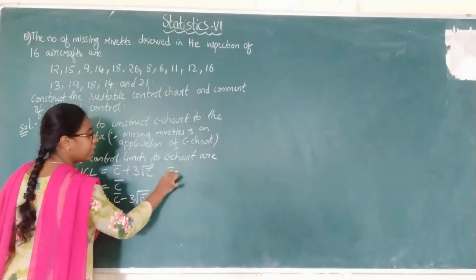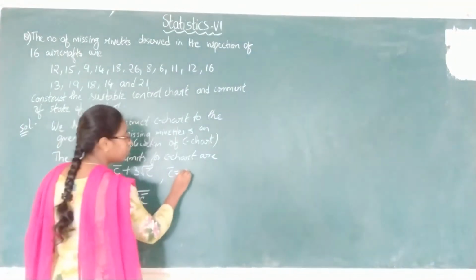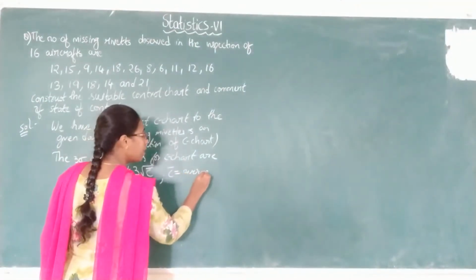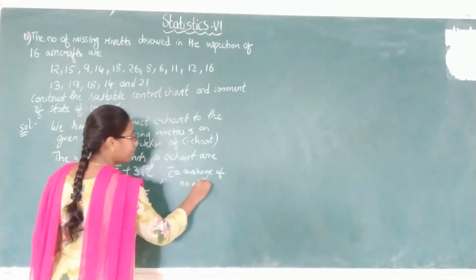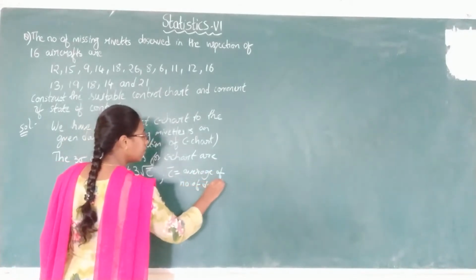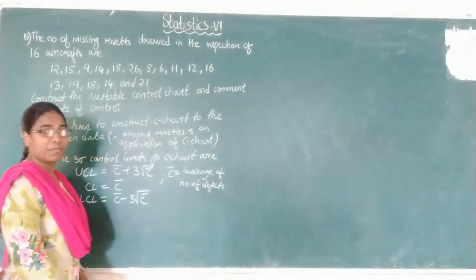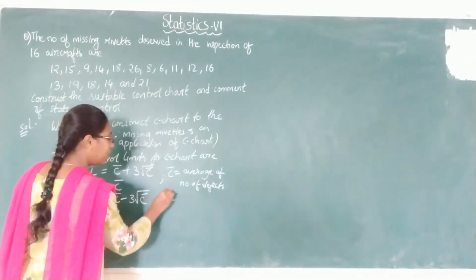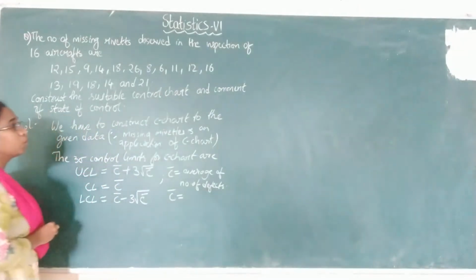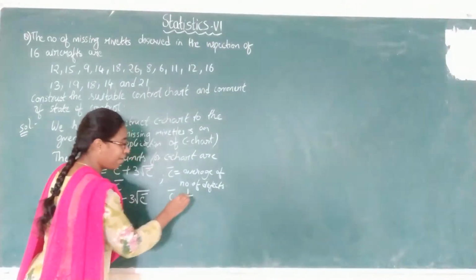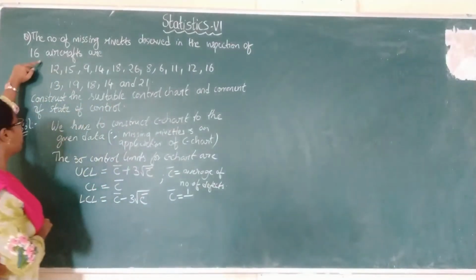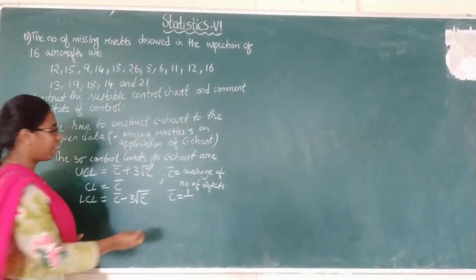C bar is the average of the number of defects. Average means it is a mean value. So how to calculate the mean? We will be having K samples, that means K aircrafts here. The number of aircrafts is 16, so the K value will be 16.